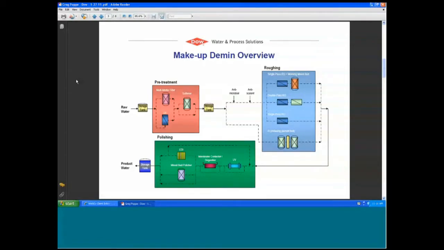But I like to look at the makeup demin process in three different steps. You've got the pretreatment, which could have even more basic unit ops before this, but picking up here with the ultrafiltration or the multimedia and so forth, as Dave said, you need good water quality going into the roughing step to make it even better.